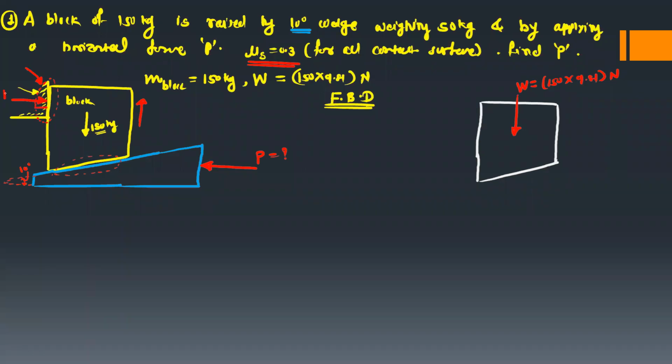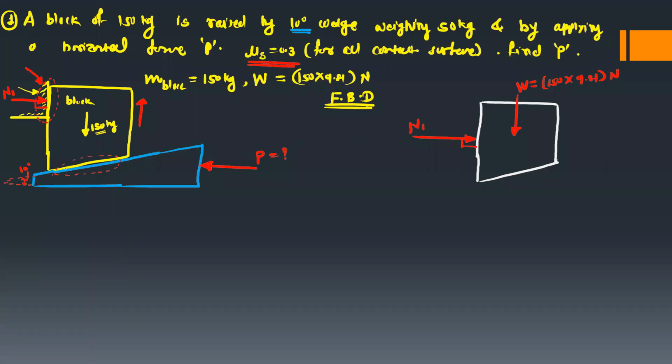I will consider this normal reaction as N1. The meaning of N1 is that the vertical wall will offer one reaction on this block. In the free body diagram, this normal reaction will be exactly horizontal, perpendicular to this vertical line.